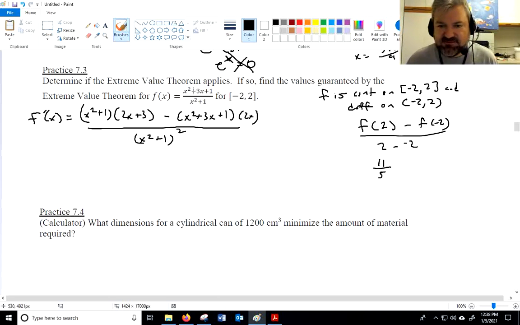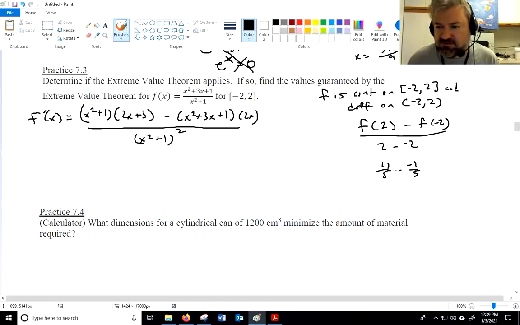All right, f of negative 2 is 4 minus 6 is a negative 2, and a negative 2 plus 1 is a negative 1, over 5. Wait, why am I getting 11 over 5 earlier? Hold on. Sorry, the numerator on this one would be 4. Negative 2 plus 1 is a negative 1 over 5. Okay, negative 1 over 5.